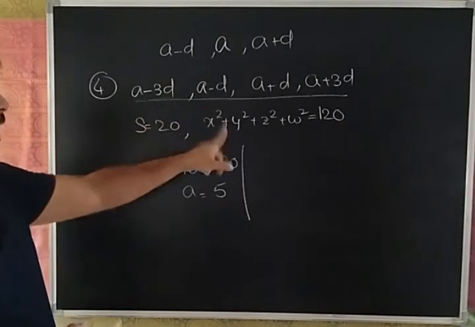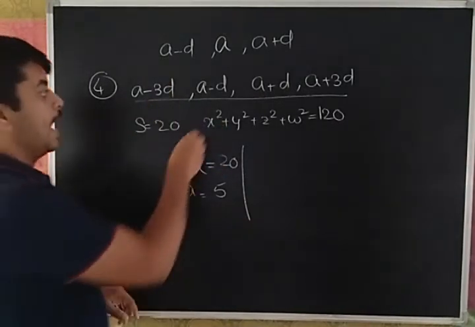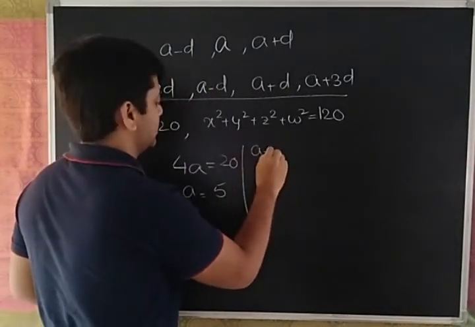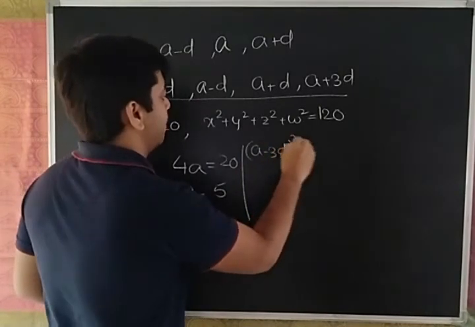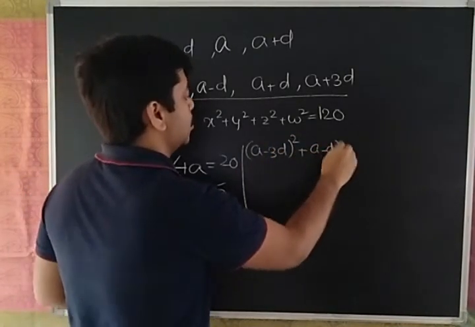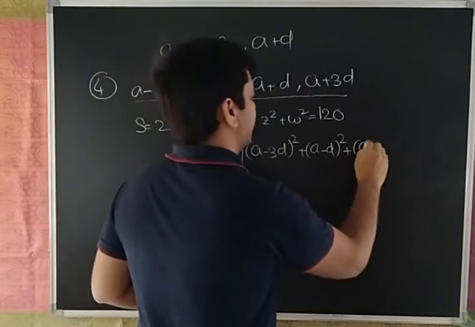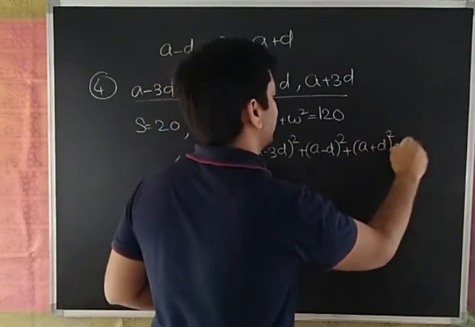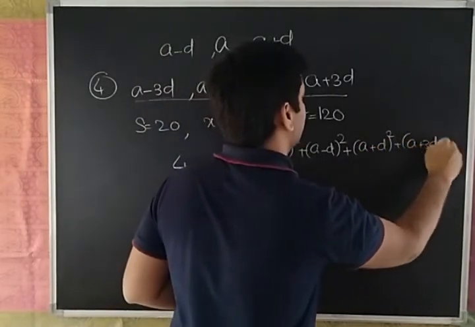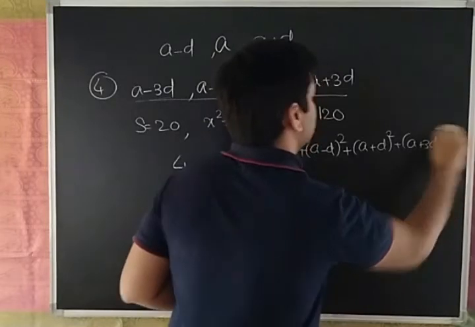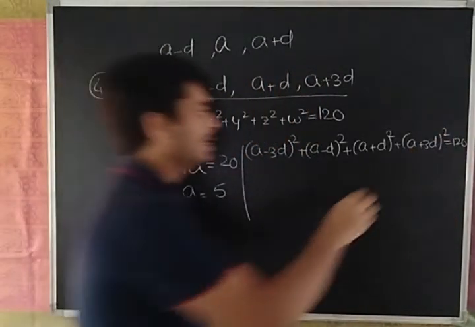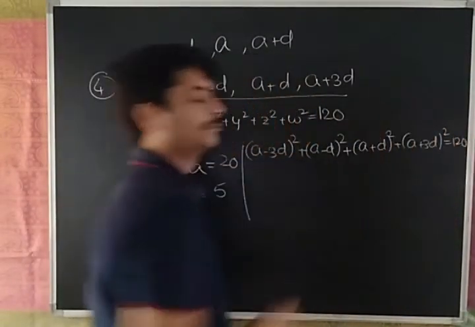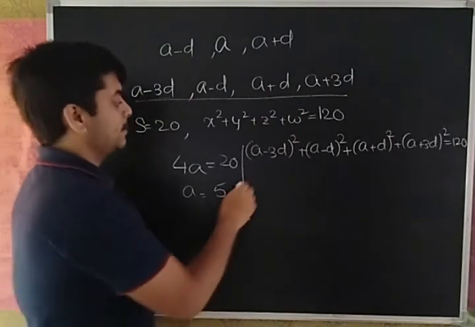For that only we have this condition. X square, that is A minus 3D whole square, plus Y square, A minus D whole square, plus A plus D whole square, plus A plus 3D whole square is equal to 120. So this is the information we are having. Expand this one, what will you get?